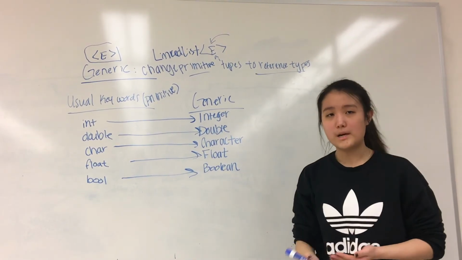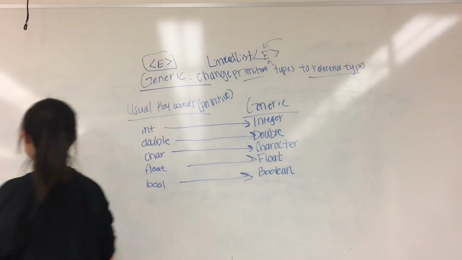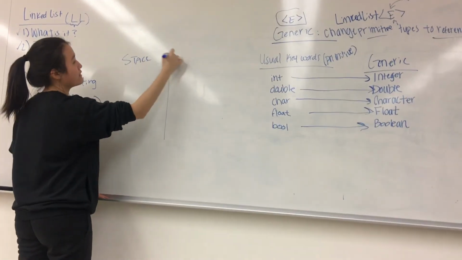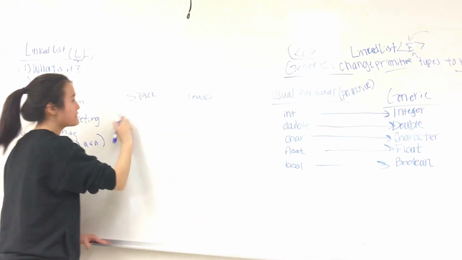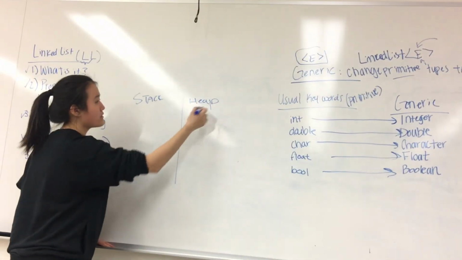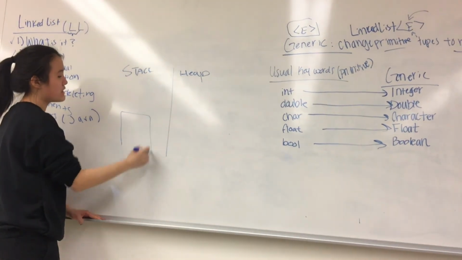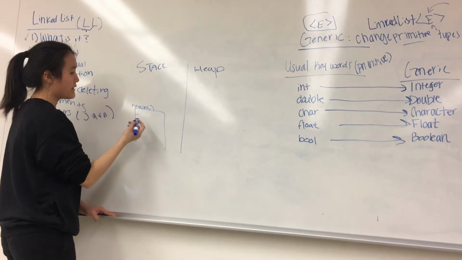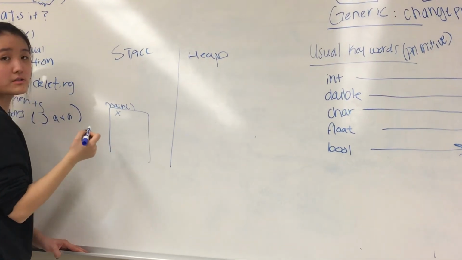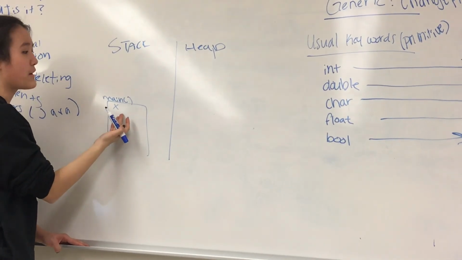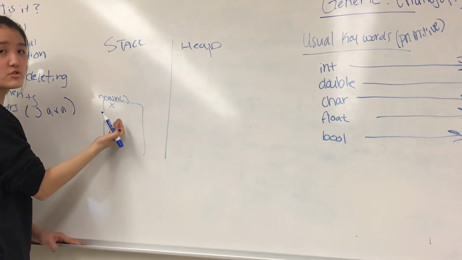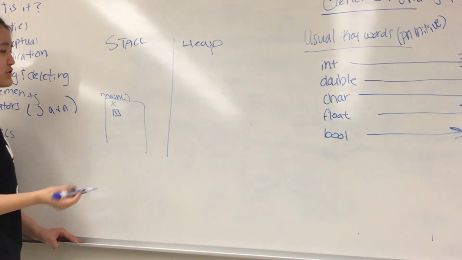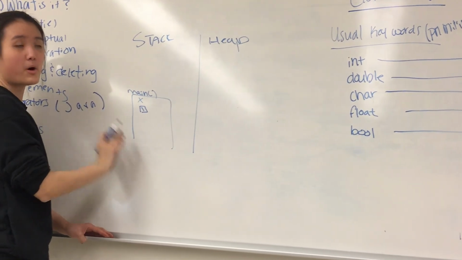So when we're talking about primitives, say you have a stack and a heap. Stack is a fancy word that I'm going to use, but basically let's say you just have a main function here, and you're initializing an integer x, so this is just a variable, and you want it to store the number 1, for example. You would just store it within the main function part.